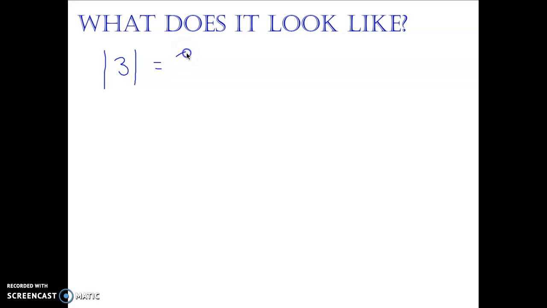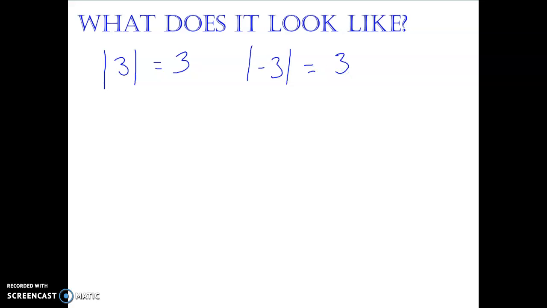So that's the absolute value of 3, which we just said it measures the distance. And we looked at on the other page that the absolute value of 3 is equal to 3. 3 is 3 units away from 0. If I put that negative in there, well, -3 is also 3 units away from 0. So those bars are telling me I'm measuring the distance, and it is also +3.